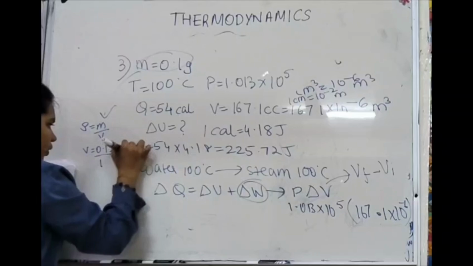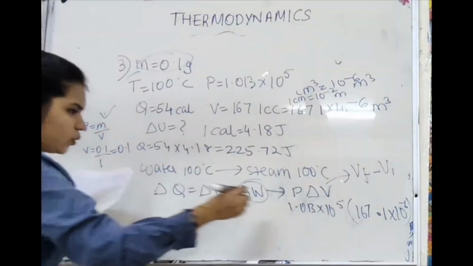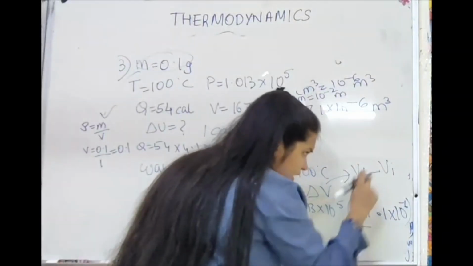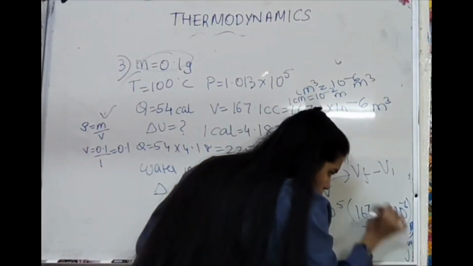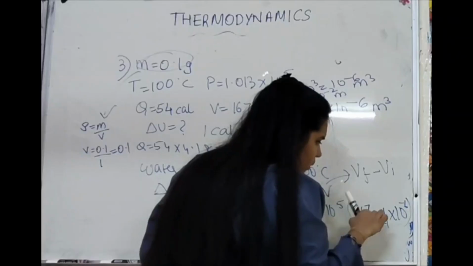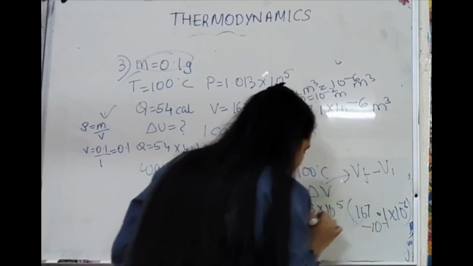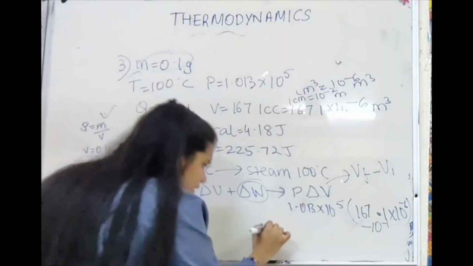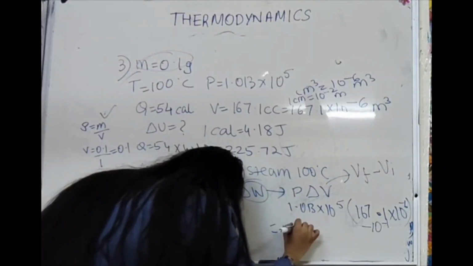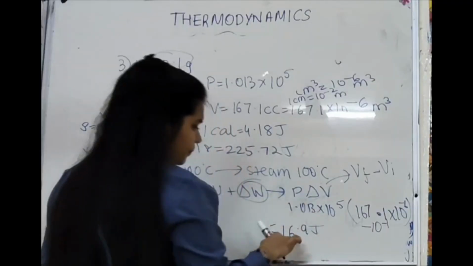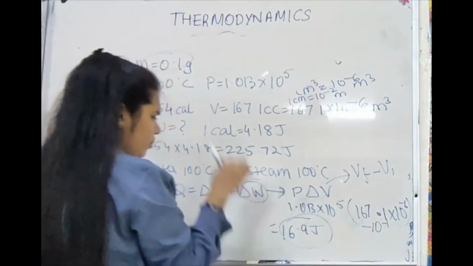So we are getting 0.1. Okay. So what do you have to do? Minus the initial one, which is 0.1. So 167.1 minus 0.1 into 10 to the power minus 6. This answer you might get it as... Okay. So this will be the delta W.